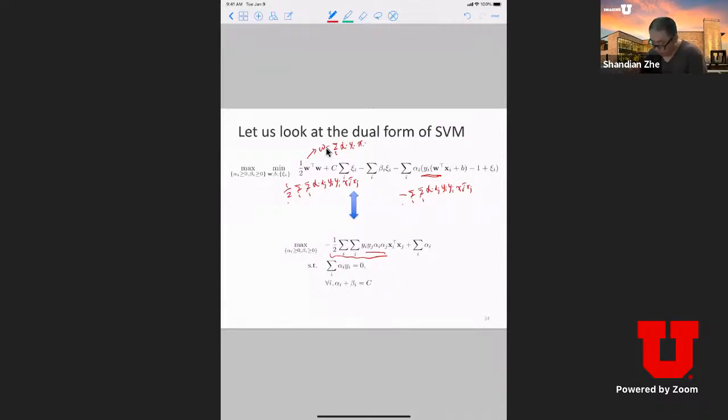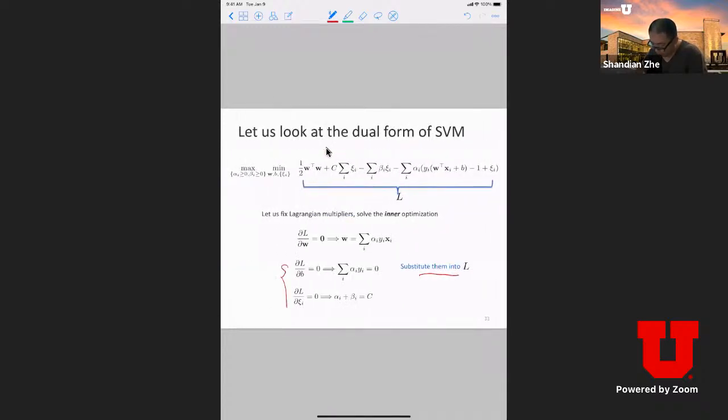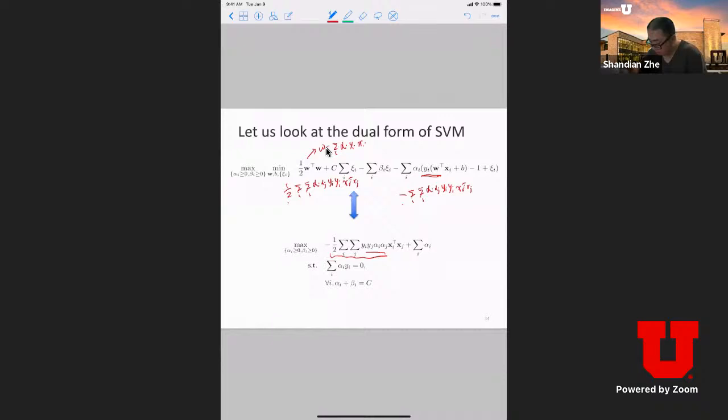And then we can apply the results here. The summation over alpha i yi is simply 0, and alpha i plus beta i equals C. You can cancel quite a few terms, and you're going to leave the summation over alpha i only in the objective.